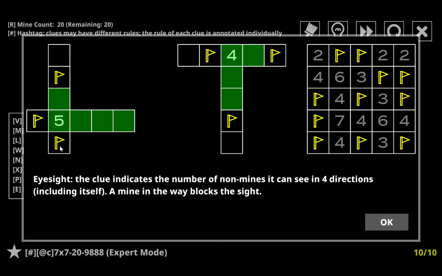The last one is eyesight. This one we covered last time. It gives the total number of cells that a clue can see, where seeing is orthogonal unmined cells, and when it hits a mine, the vision stops. This green does a good job of explaining where it can see.